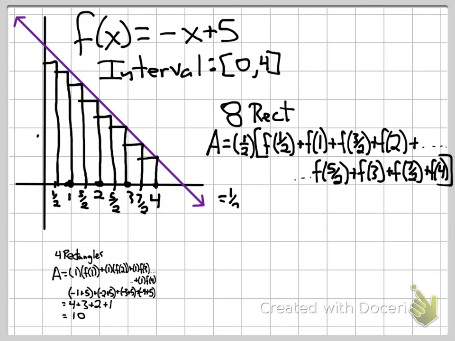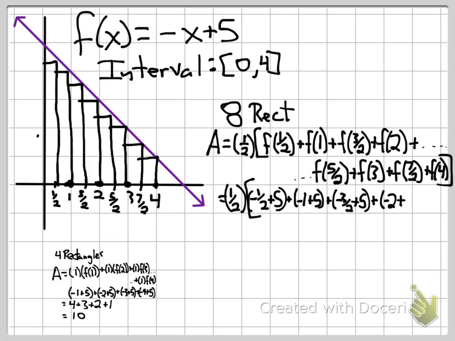Bring down my 1/2, and now I'm going to plug into each of my functions the negative x plus 5. So we get negative 1/2 plus 5. We get negative 1 plus 5. We have negative 3/2 plus 5.